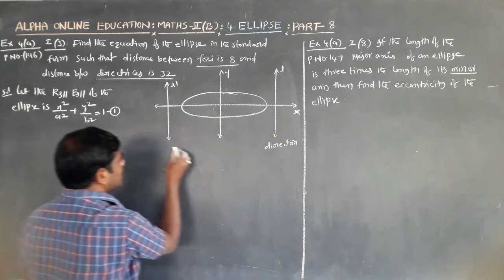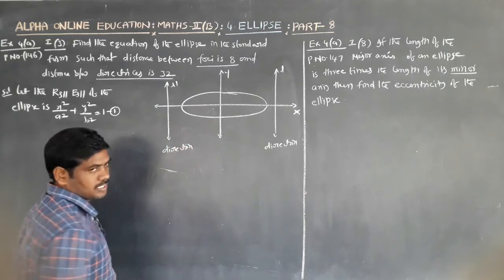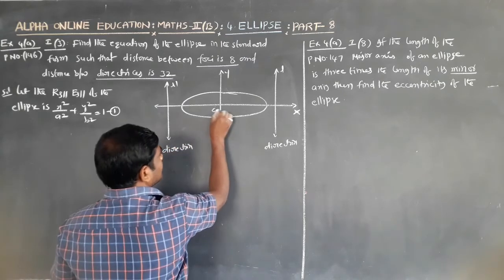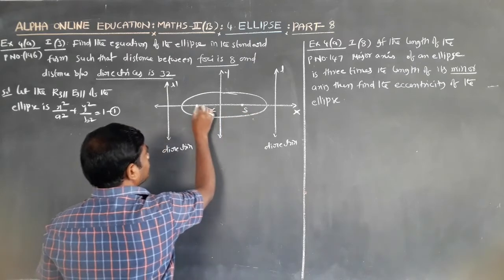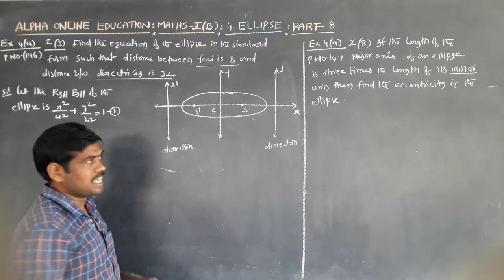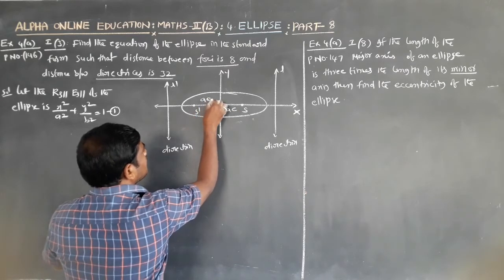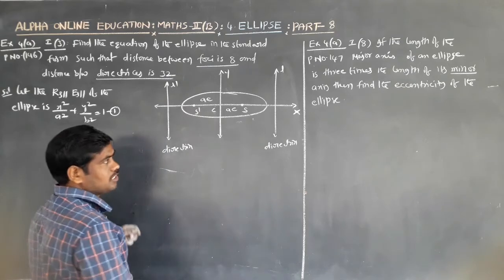This is also the equation of the directrix. This is the center, this is the focus S, this is the focus S dash. CS equal to AE, CS dash is equal to AE.